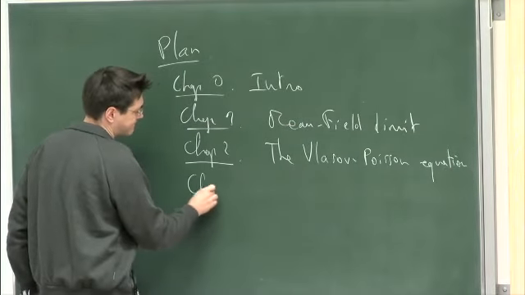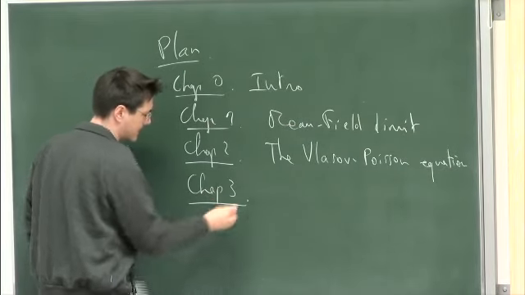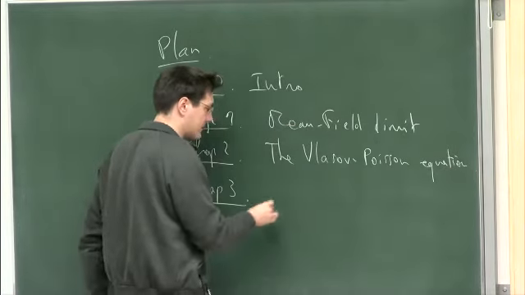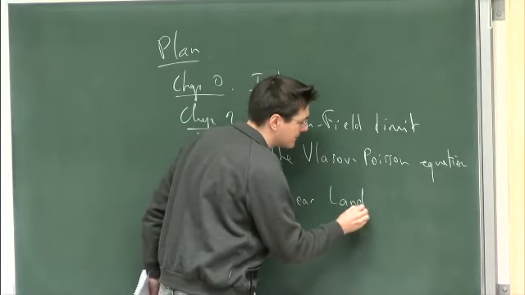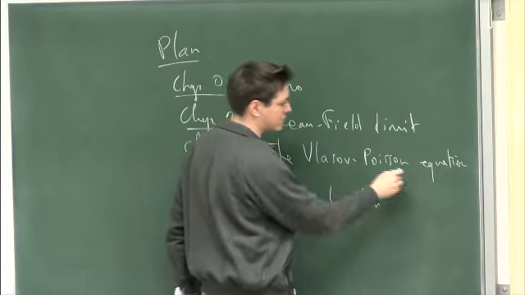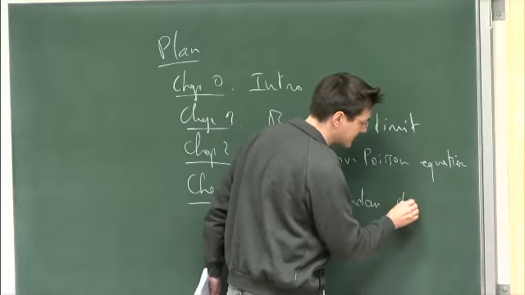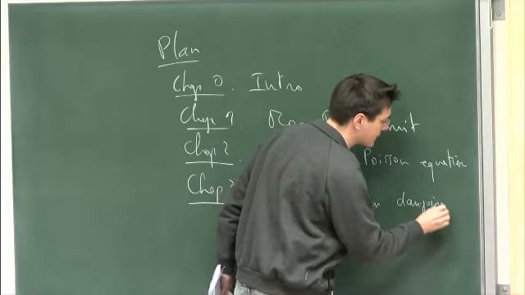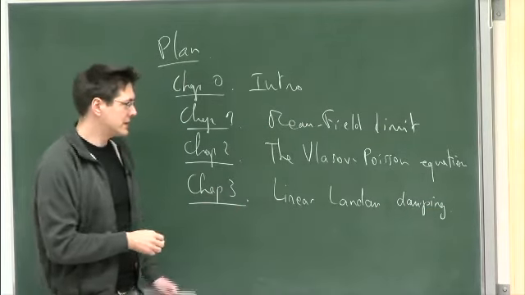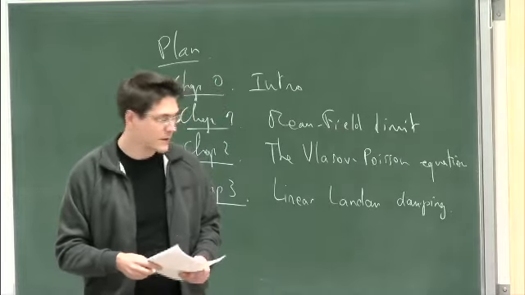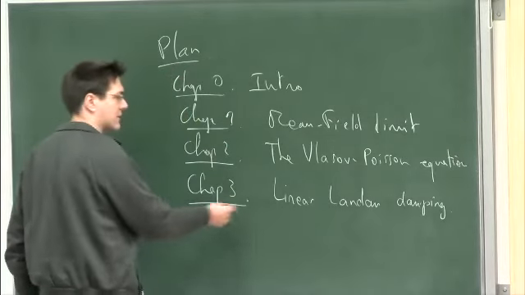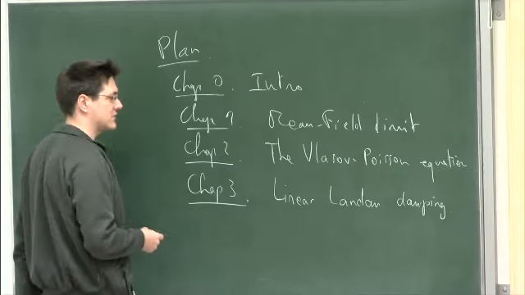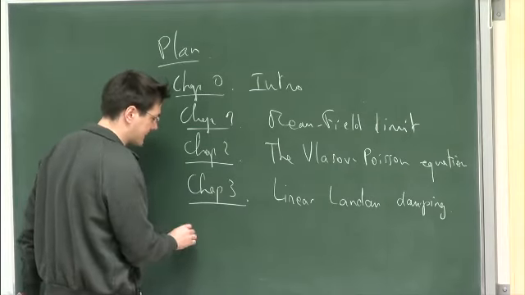And then we spent a lot of time on the linear Landau damping based on the study of the linearized Vlasov-Poisson equation. So in this part we have seen a full proof of the linear Landau damping and a full proof of the Penrose stability conditions in analytic spaces.